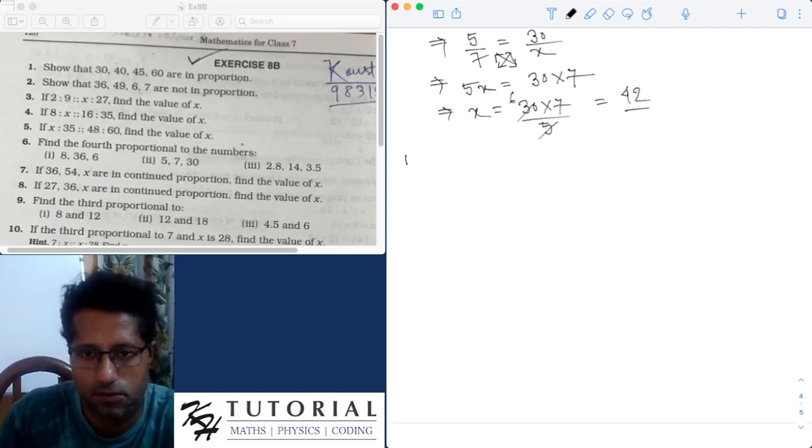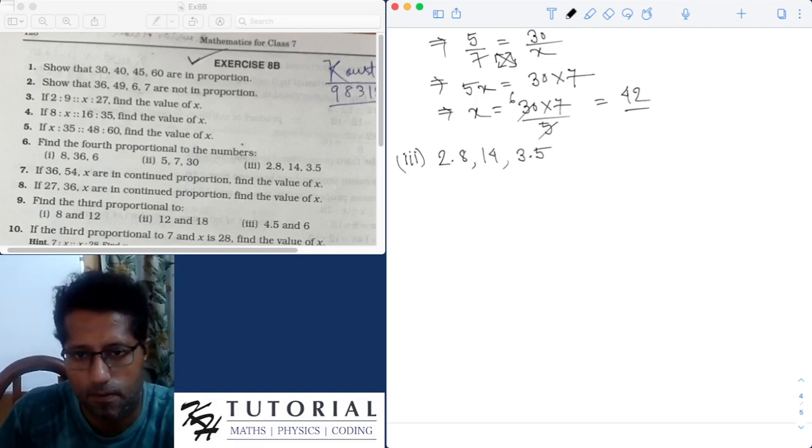Let's do part 3. Part 3 is 2.8, 14, 3.5. So let the fourth proportional be x.